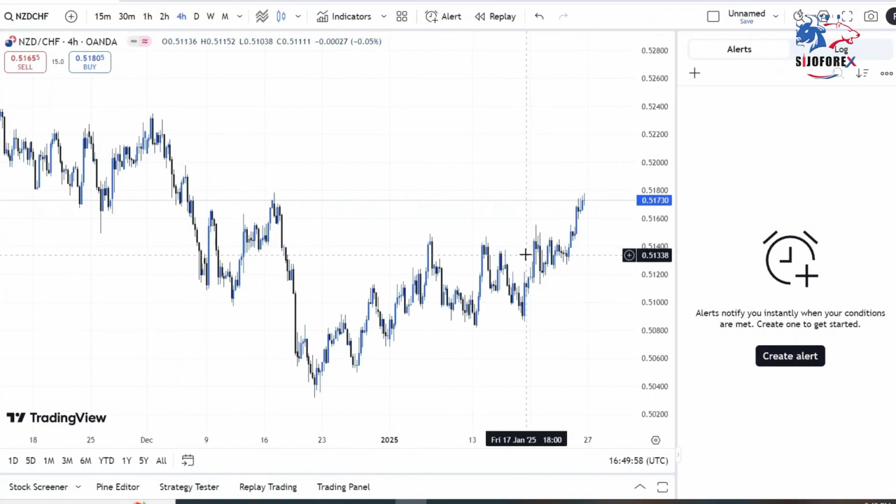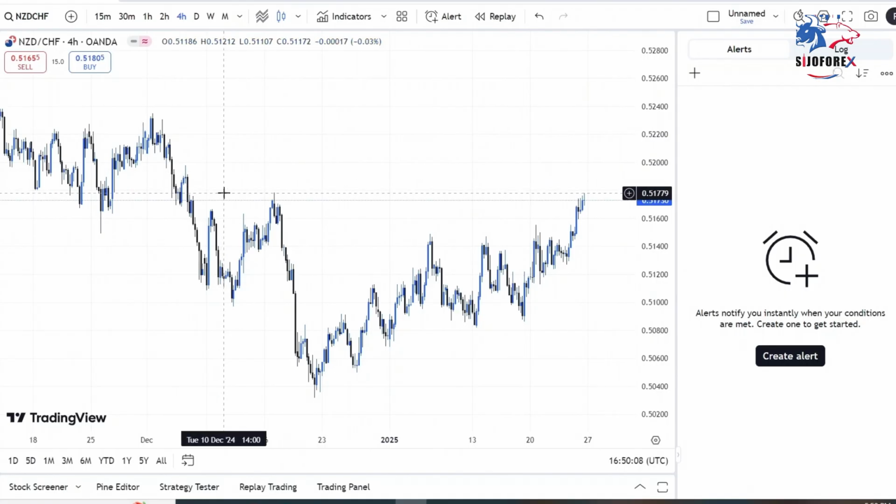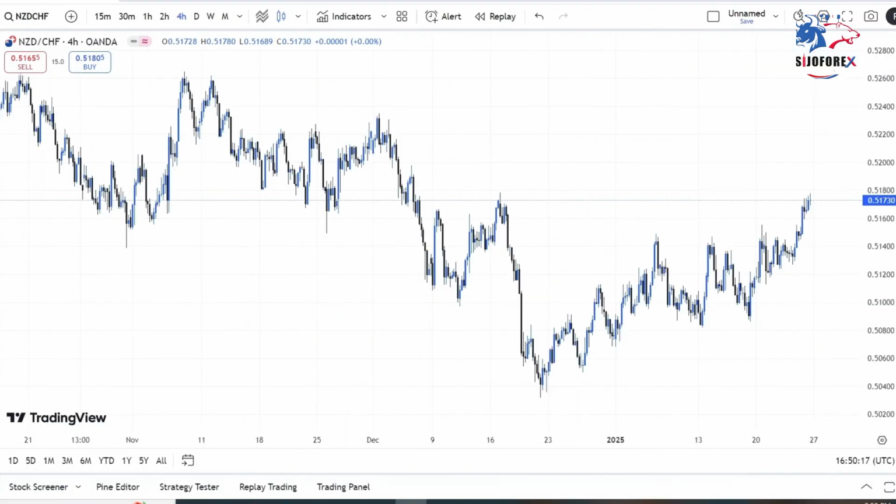I don't use the pro version, I use the free version of TradingView. And you can set an alarm. You can draw your support, resistance, and set an alarm so that if the market reaches that position, it's going to alert you.